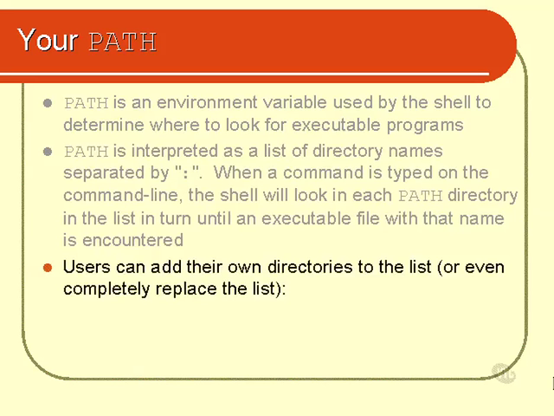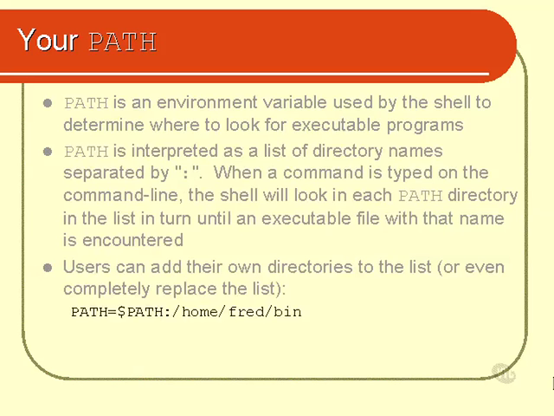Now, the interesting thing about all of this is that you can add your own directories to the list. Or if you want to, you can even replace the list, as follows. You can type in on the command line path equals and then specify a list of directories in which you want the shell to look for your executable files. If all you want to do is stick another directory on the end, then you need to take whatever was in path before and put a colon and then your directory name on the end of that.